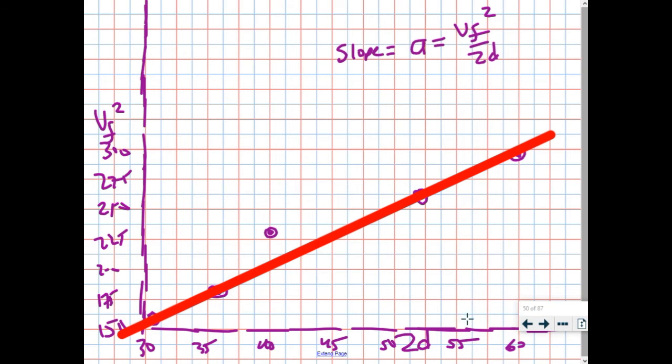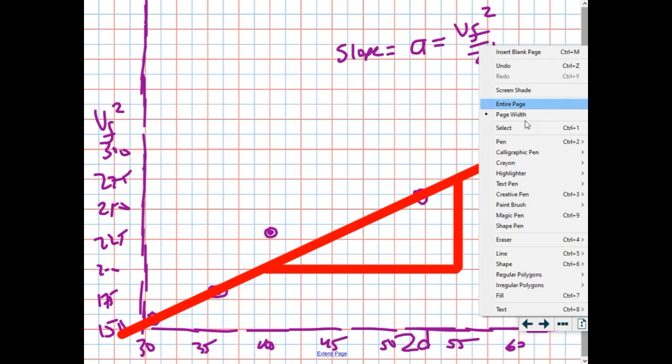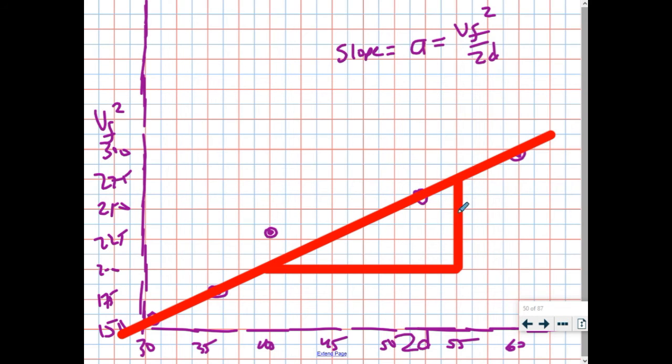Okay? So now here's the last step. All we got to do is do a rise over run. If we find the slope of this graph, I'm much more confident in the accuracy of that. So what I'm going to do is I'm going to make like a triangle from there to maybe here. So I made a triangle out of this right here. And then I'll record the rise over run that I've got. So based on this, I think my rise here goes from 200 to 275. So let's call that a rise of 75. Everybody good with that?